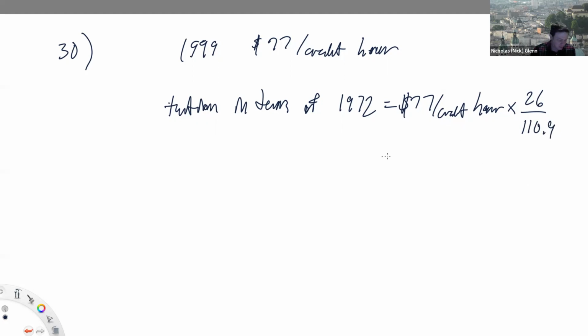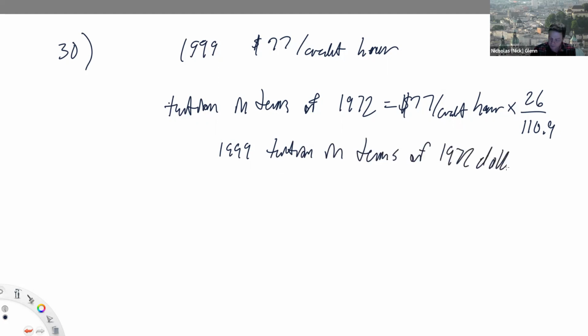If you multiply this out, you should get $18.12. So the 1999 tuition in terms of 1972 dollars is $18.12.